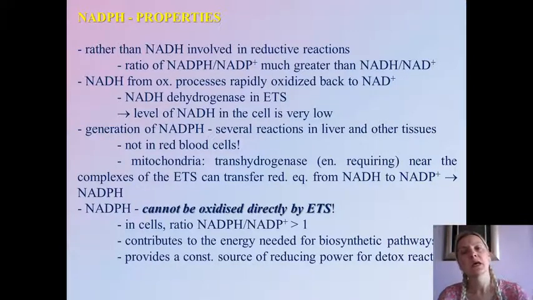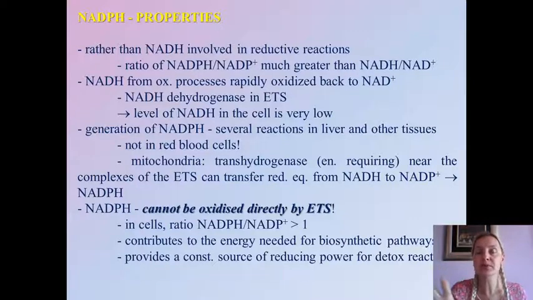There are some enzymes which are transhydrogenases, energy requiring enzymes which are very close to the complexes of ETC, so they can transfer reducing equivalents from NADH to NADP plus, thus forming reduced NADPH.